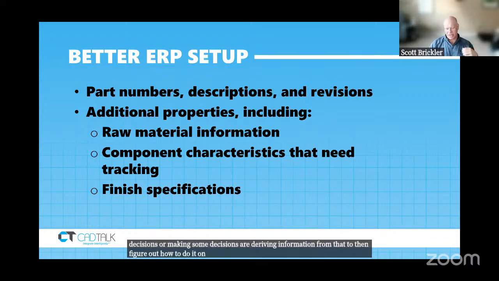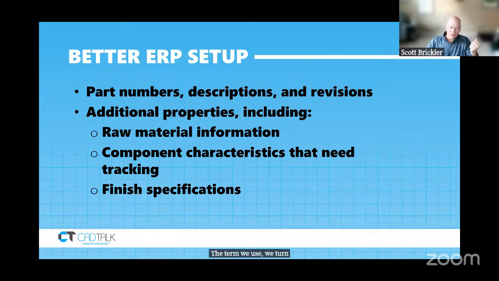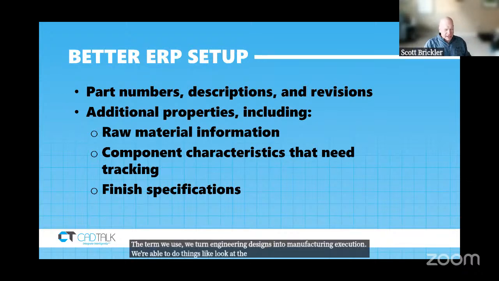The term we use is that we turn engineering designs into manufacturing execution. We're able to look at the attributes of the models and the engineering designs and figure out what raw material it should be made out of, how many square inches of raw material will be consumed, maybe what operations will be used to make this thing.